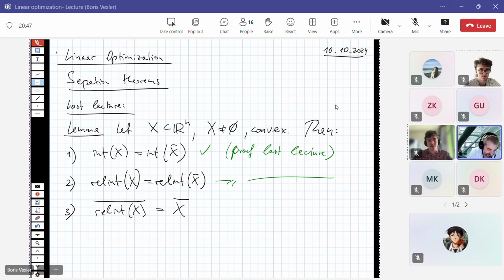Let me recall it here with another color. Closure of a set: X bar is X and its boundary. This is the closure. And you know how to describe the closure: it is the set of all limits of all convergent sequences in X. If you take a sequence in X and this sequence converges to something, then the limit point is a point in X bar.